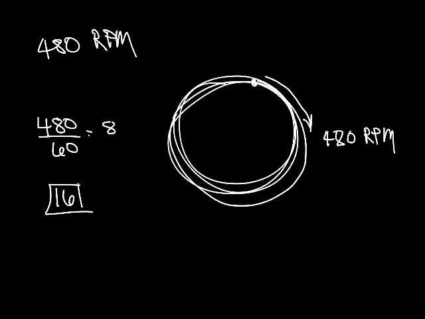So 1 revolution is how many degrees? 360, because there's 360 degrees in a complete revolution, or in a circle. So if it goes around 16 times in those 2 seconds, you just take 16 times 360, and you get 5,760 degrees that this goes through in 2 seconds time. All right, so that is it for lesson 1.1.